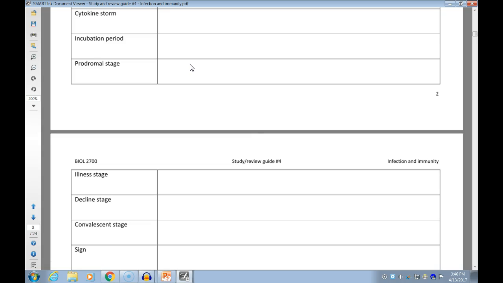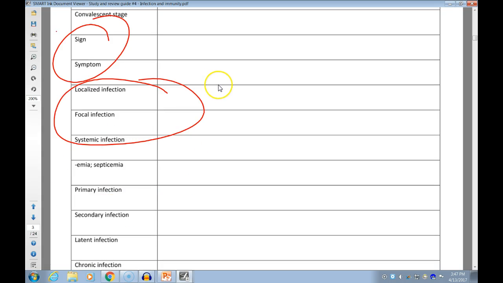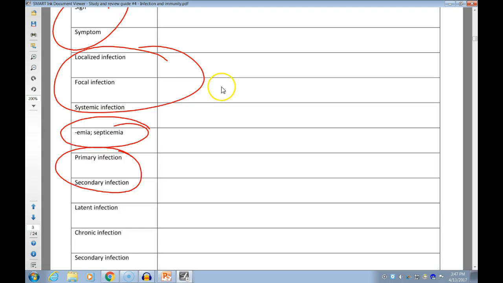It can replicate, depending on the microbe. Some can replicate throughout, some can replicate pretty much during the incubation period and so forth. Signs and symptoms mentioned. Localization. Septicemia is replication, everything else is the presence. Primary, secondary. Primary occurs first, secondary second.